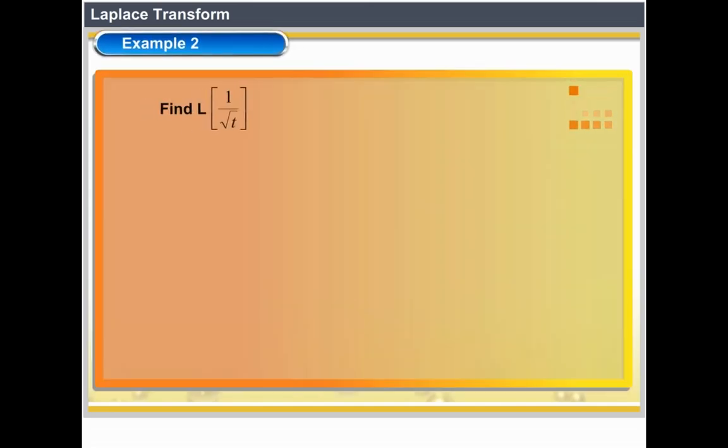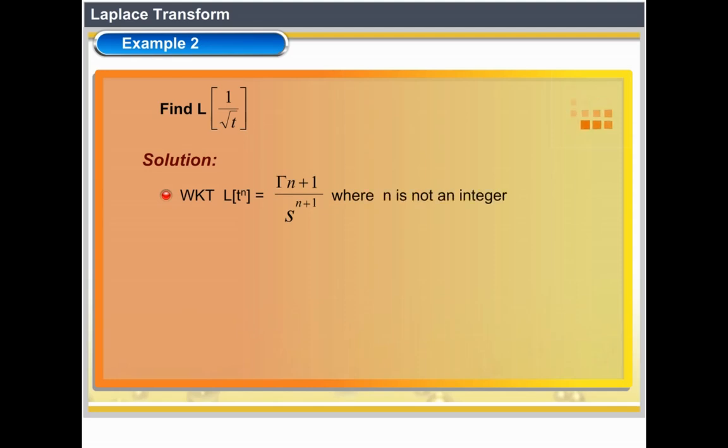Example 2. Find L of 1 divided by square root of t. Solution: we know that L of t power n equals gamma n plus 1 divided by s power n plus 1, where n is not an integer. If n is not an integer, we have to use the formula gamma n plus 1 by s power n plus 1. If n is an integer, we have to use n factorial divided by s power n plus 1. That's what we used in the last problem.